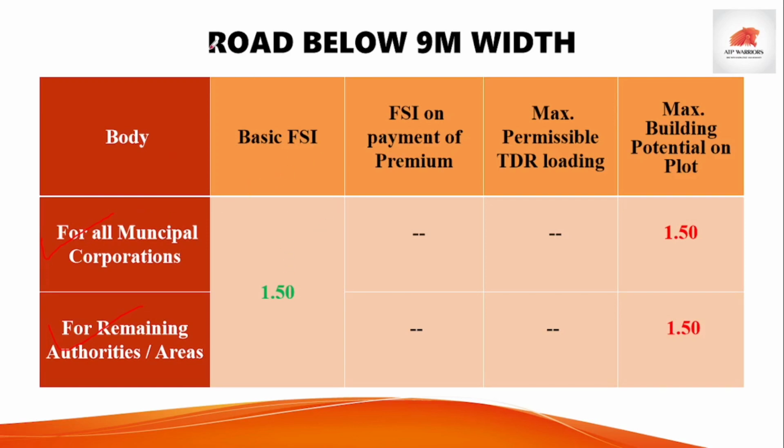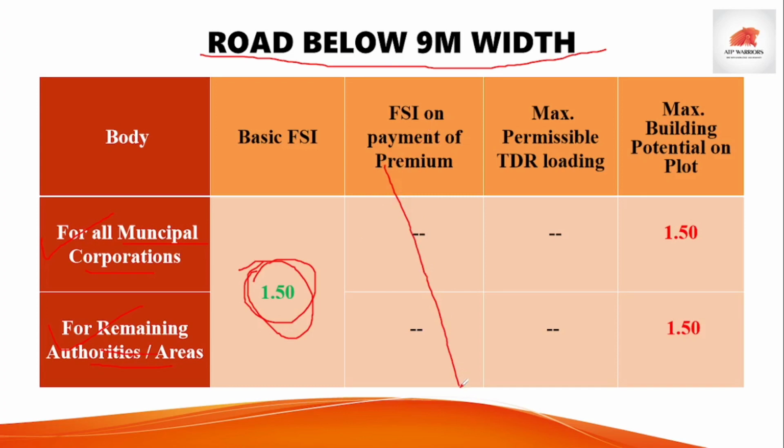Keep in mind that for road width below 9 meter, the basic FSI is 1.5. Basic FSI is 1.5 for road width below 9 meter, and it is for both the municipal corporations and the remaining authorities. The premium FSI is not applicable here, and the maximum permissible potential is also not applicable here.